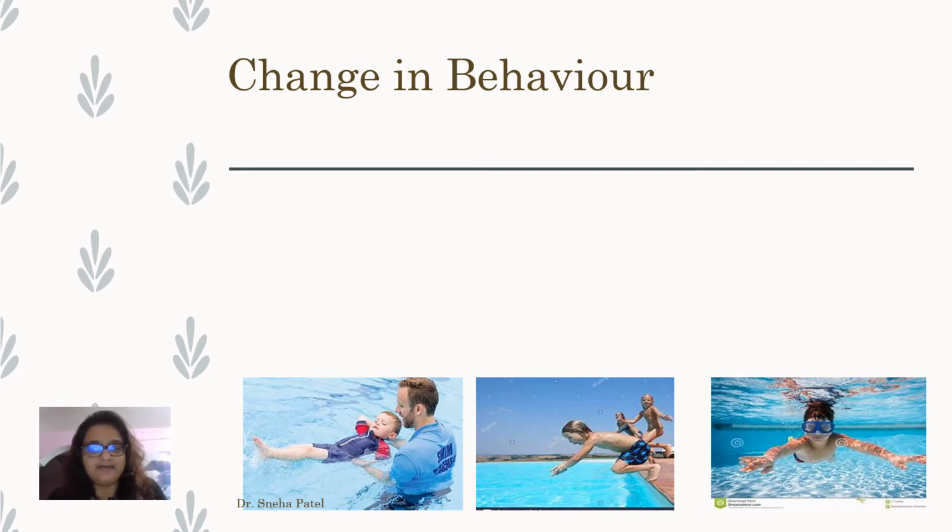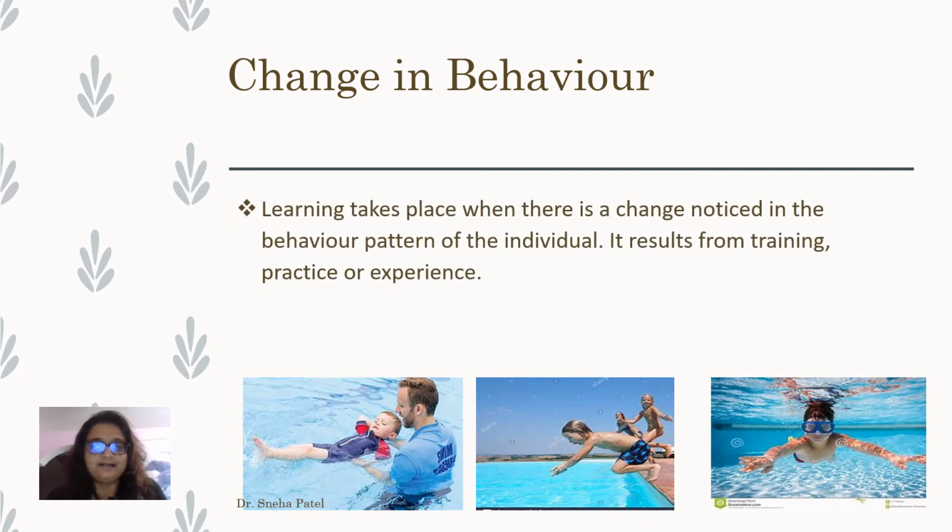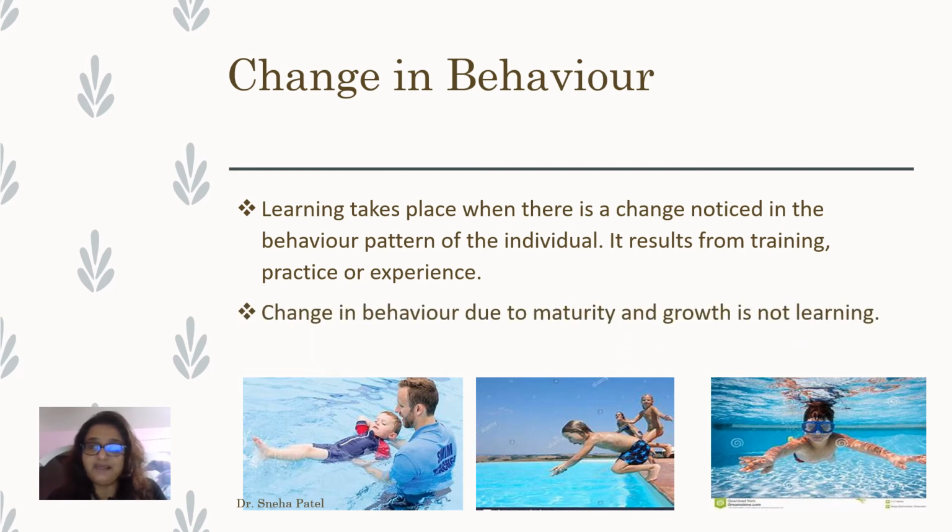Change in behavior. Learning takes place when there is a change noticed in the behavior pattern of the individual. It results from training, practice, or experience. Change in behavior due to maturity and growth is not learning because it is very natural.